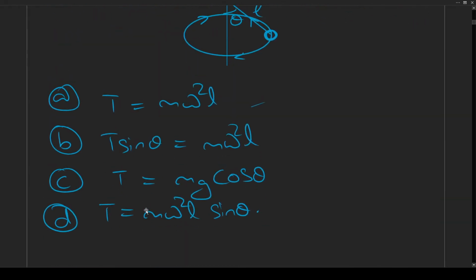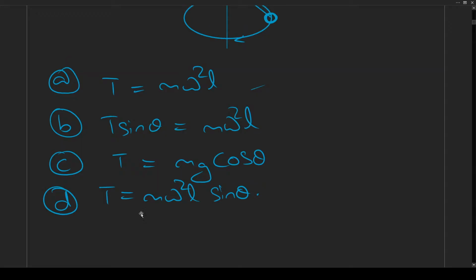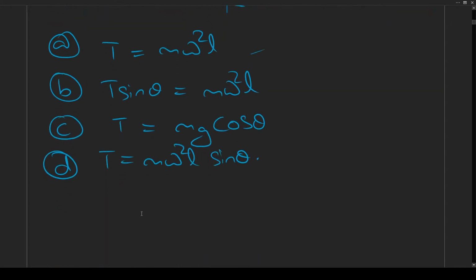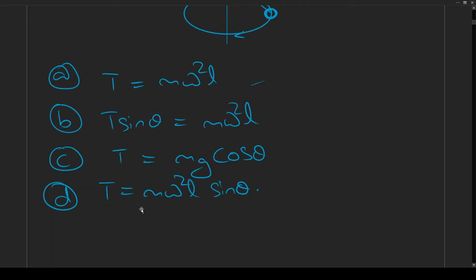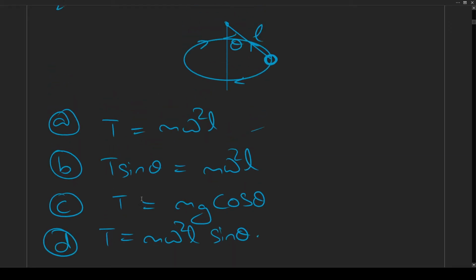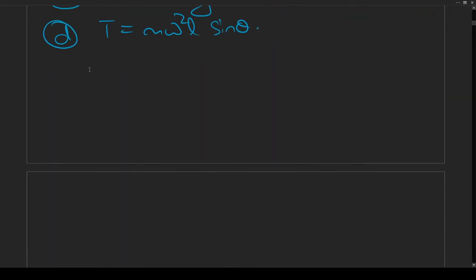So here also it is holding true. And as for T sine theta, the equation should be m r omega square. So the answer which we know directly is T equals m omega square L. That is for normal tension. Now let's go to the next question.